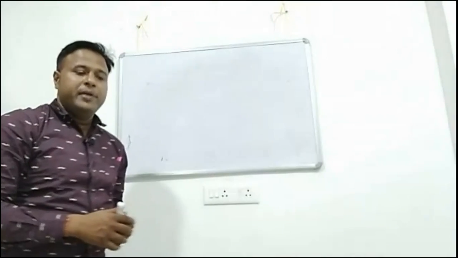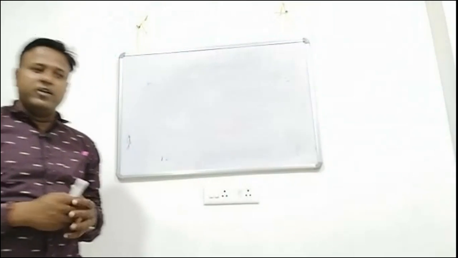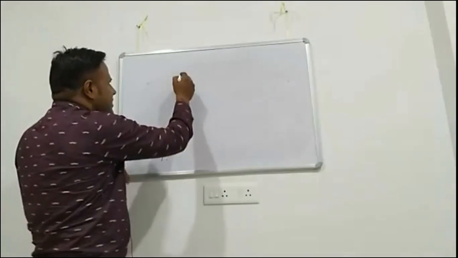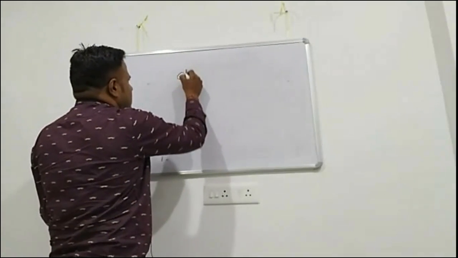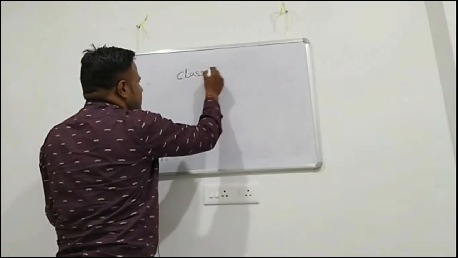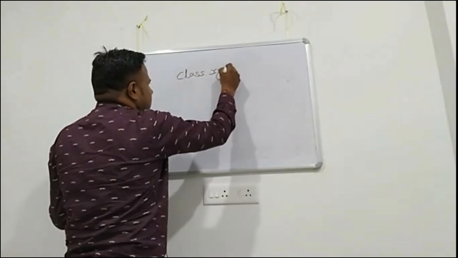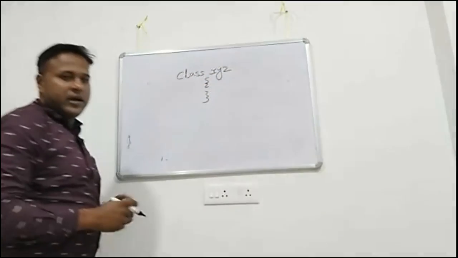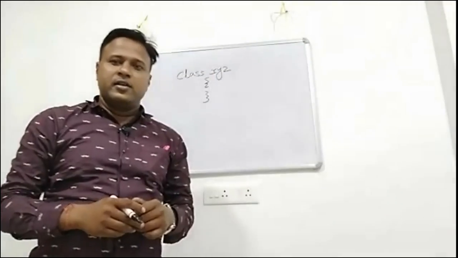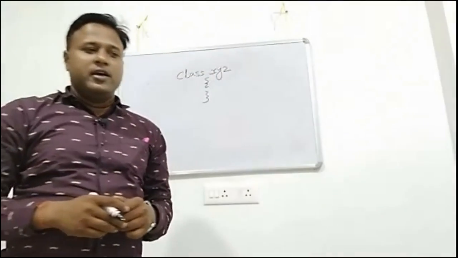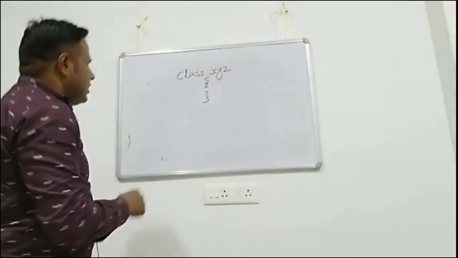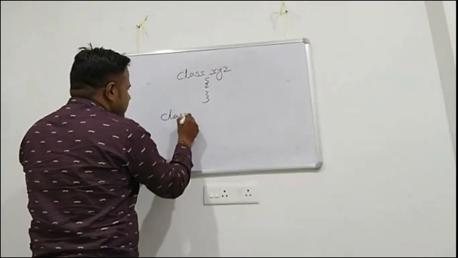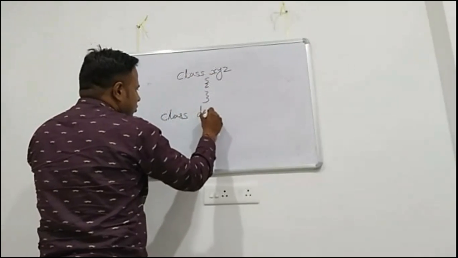Okay, so for implementing inheritance in Java, first we have to define a class. Suppose class XYZ. I am defining a class XYZ. Okay. Then another class is present, class Demo.